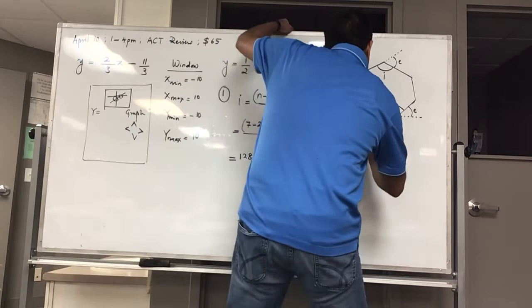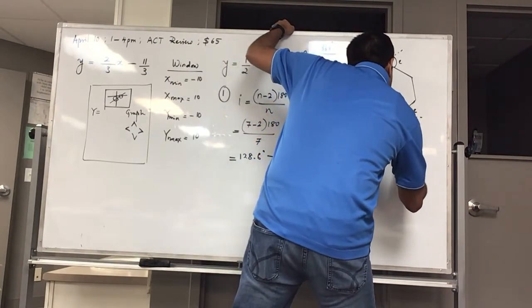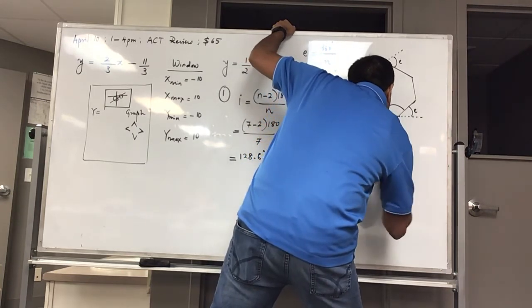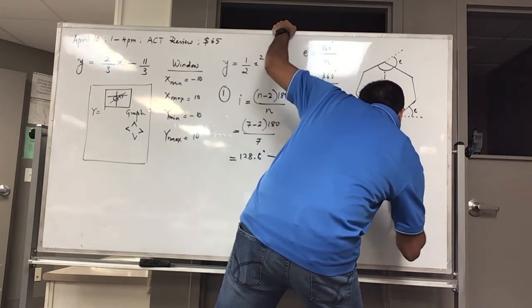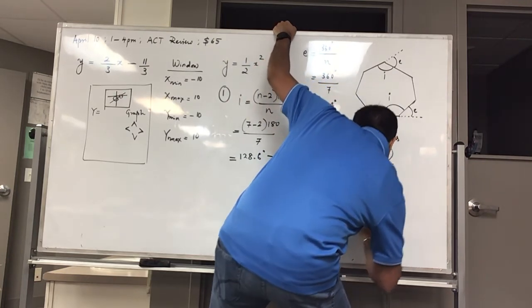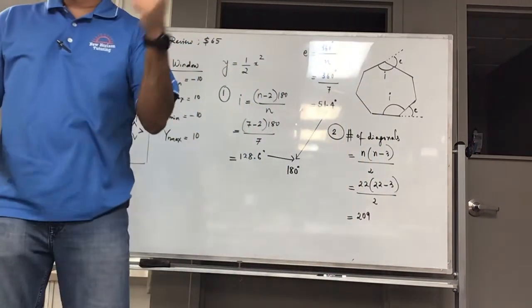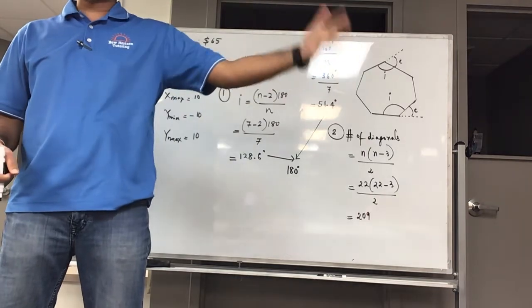So the number of diagonals is equal to n times n minus 3 divided by 2. So 22 times 22 minus 3 divided by 2, 209. Look at the answer choices we had. 22, 44, 88, 208, 209.